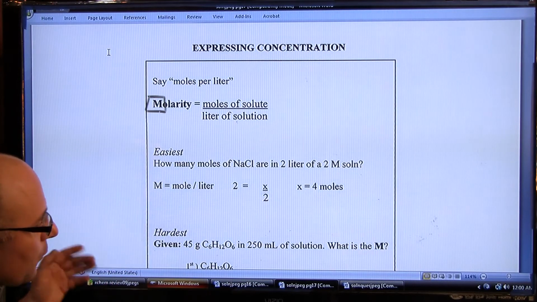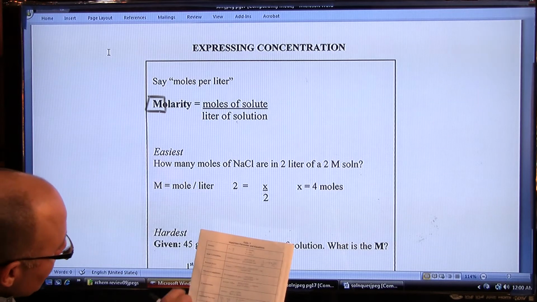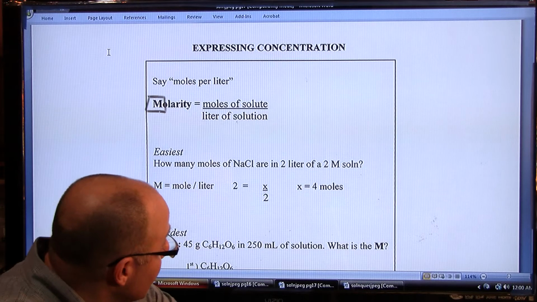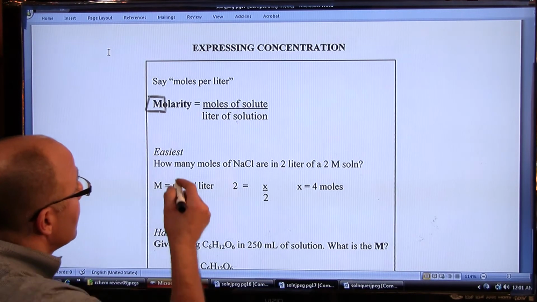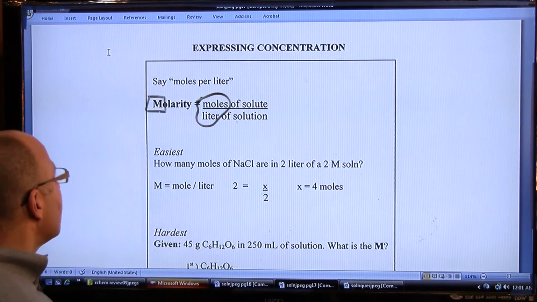So for molarity, the formula is in the back in Table T. You'll find it under concentration, and molarity is the moles of solute divided by the liters of solution, so moles per liter.